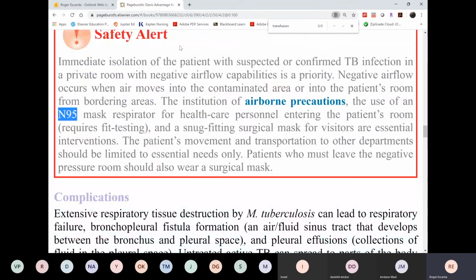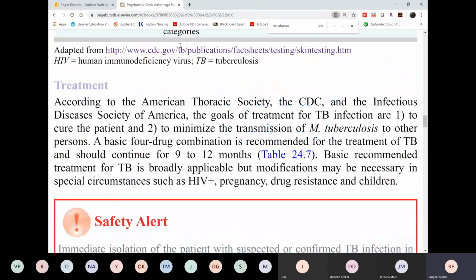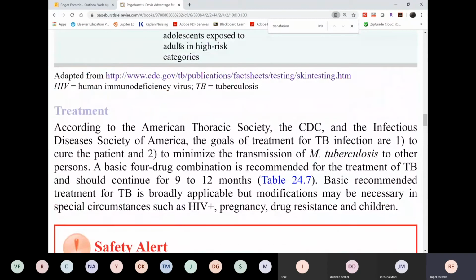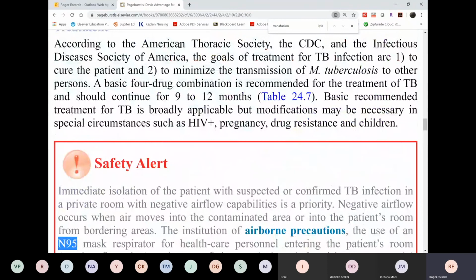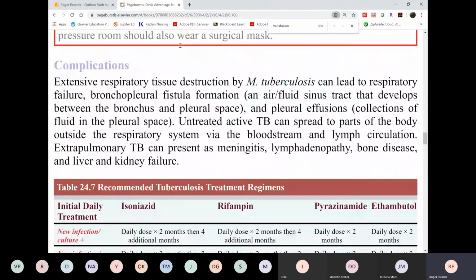Namely, take this, everybody, and write. So we have isoniazid or INH, rifampin, there's no other name for it. Next is ethambutol.